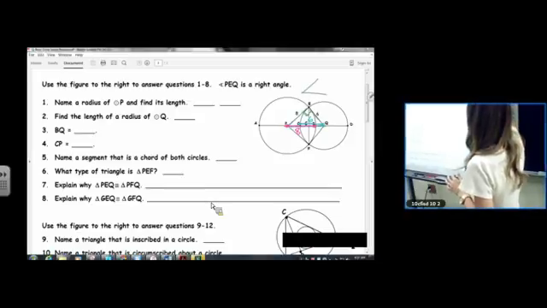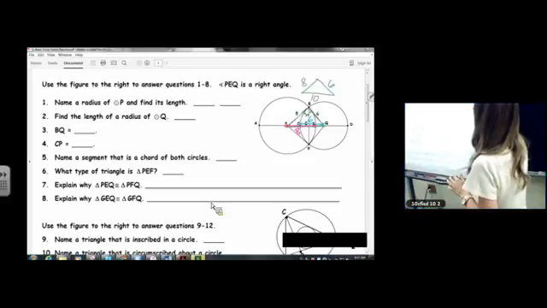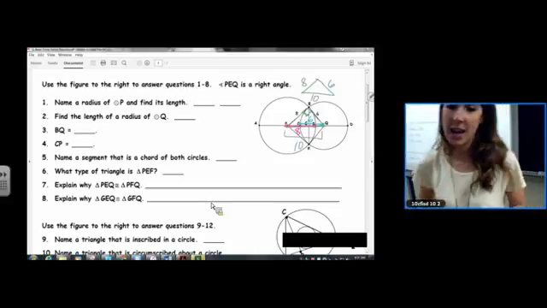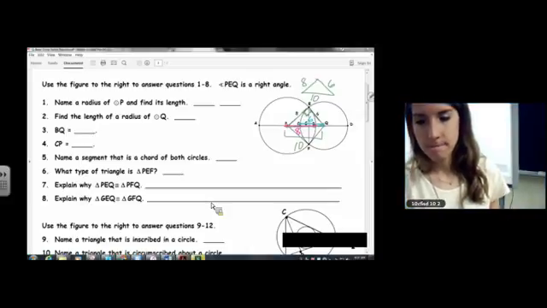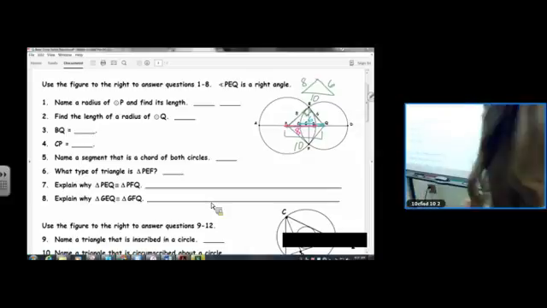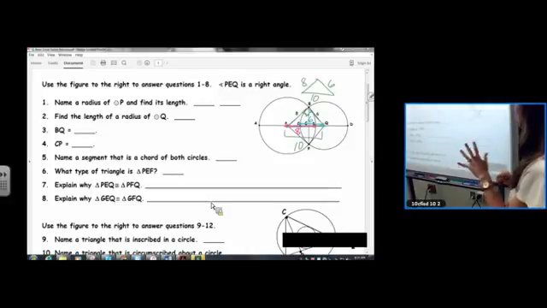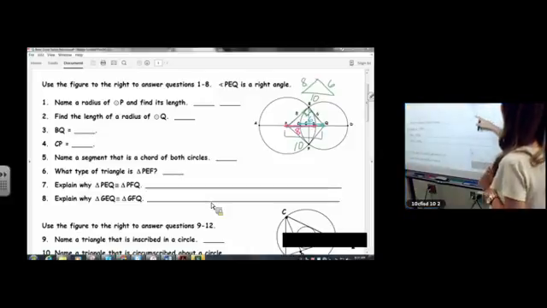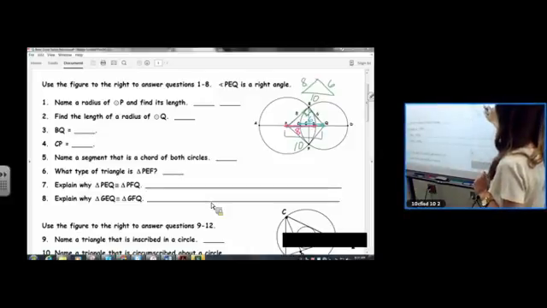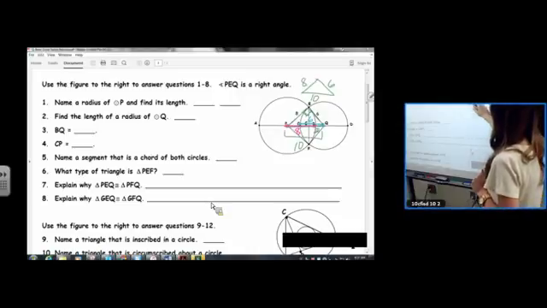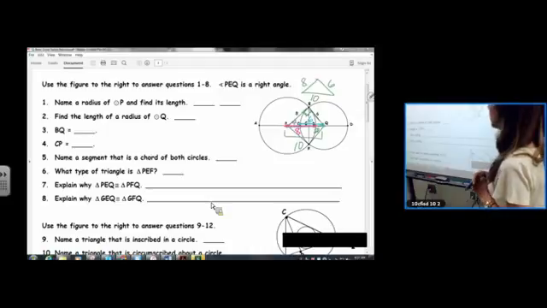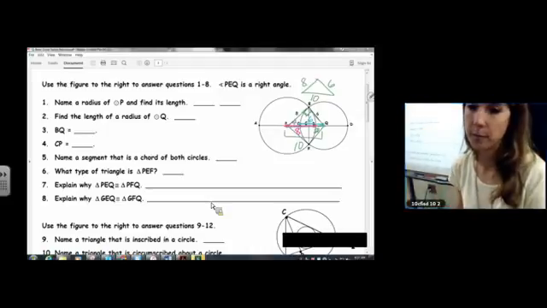This is 6. This is 8. And we know that PQ is 10. Pythagorean theorem. So we're actually not subtracting. Sorry. So now we are going to do some subtracting. If the whole thing's 10 and we've used up 8, then this piece is 2. If the whole thing's 10 and we've used up 6, then this piece is 4. So that's where the 2 and the 4 came from.